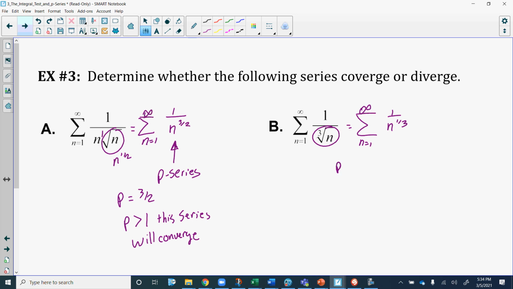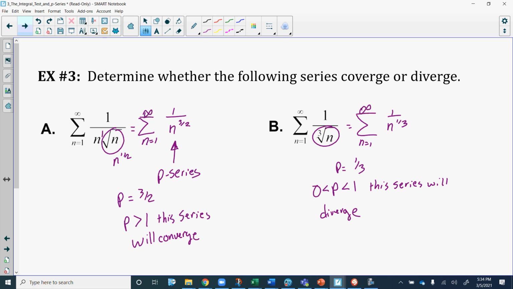In this case, p is equal to 1/3. So since p is less than 1, but greater than 0, this series will diverge by the p-series test.